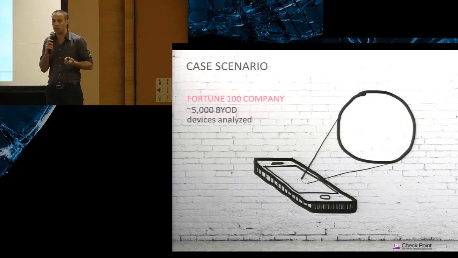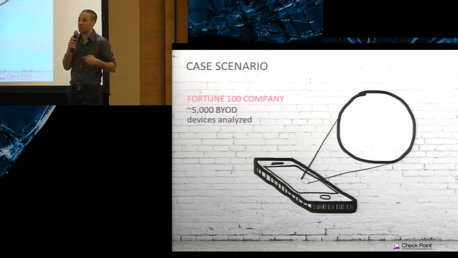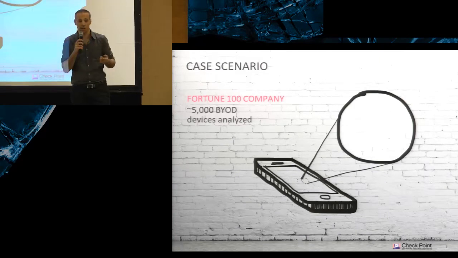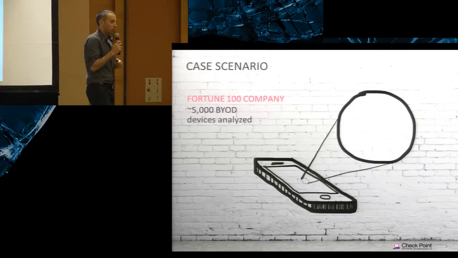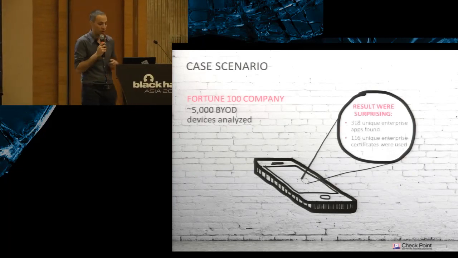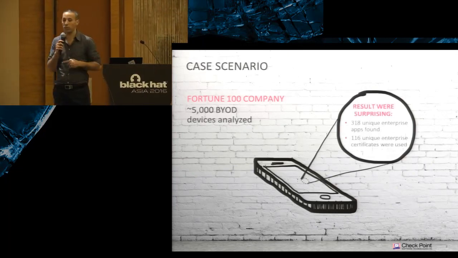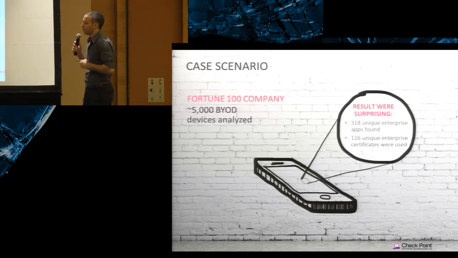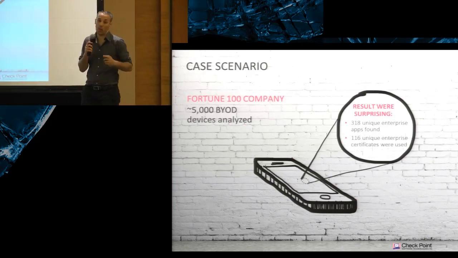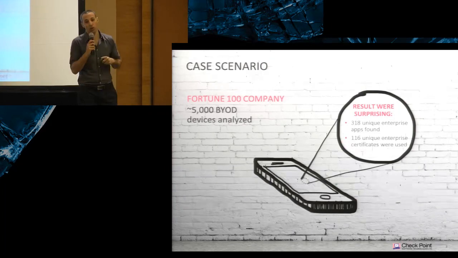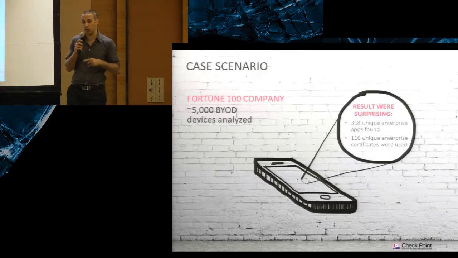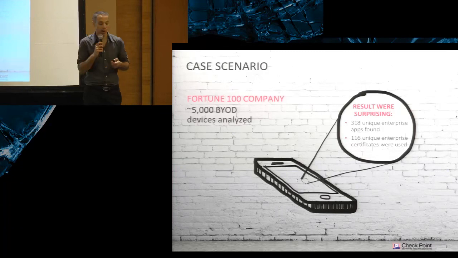So we expected to find few, maybe several enterprise certificates by the company, maybe by their subsidiary companies. But what we actually found was as follows. We saw that on these mobile devices, around 116 enterprise certificates were used to deploy more than 300 enterprise applications, which was quite surprising.